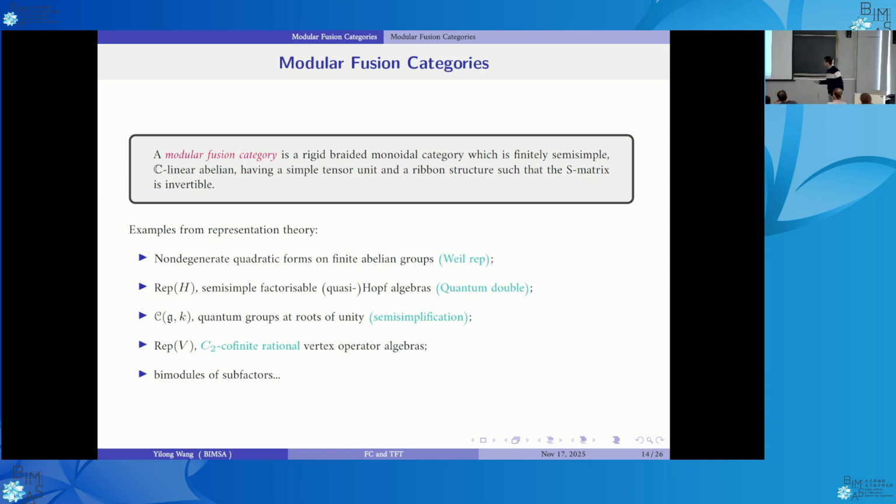If you're interested in quantum groups at roots of unity, you make a semi-simplification and get a modular fusion category. If you're interested in VOAs, you can consider special VOAs. Or if you're interested in operator algebras, you can consider bimodules of subfactors. All this gives interesting examples of modular fusion categories. So this is a very rich world of modular fusion categories.